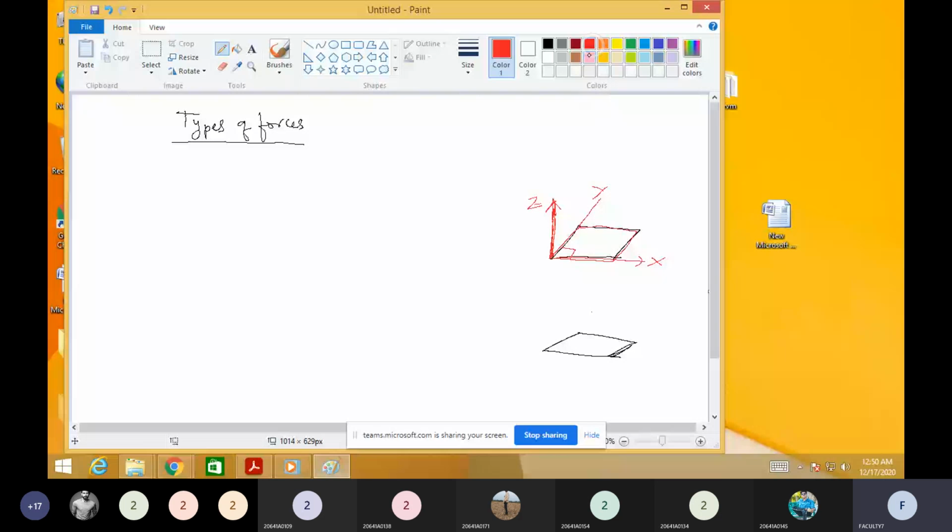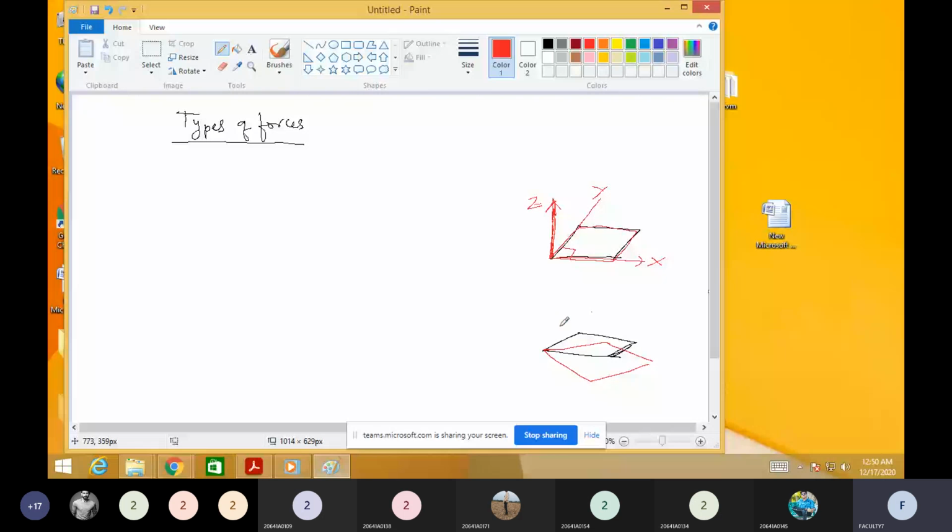Let us take a rough diagram. I'm moving somewhat in another direction, don't worry, just consider the point of consideration. I had moved the paper somewhat in another direction. This is a movement of the second paper, but here the z-axis remains the same.